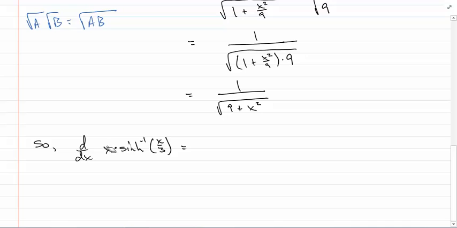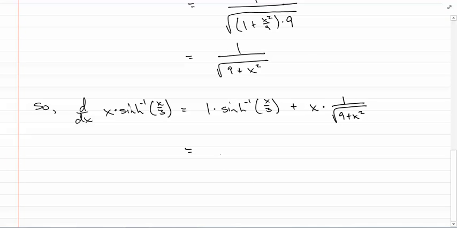Now the derivative of x is just 1, so it's going to be 1 times inverse sinh of x over 3, plus, the product rule says you have to do plus the first times the derivative of the second. So the first is x times the derivative of the second, which is what we did right off the bat, right? It took a lot of work, but the derivative of the second really is just 1 over the square root of 9 plus x squared.